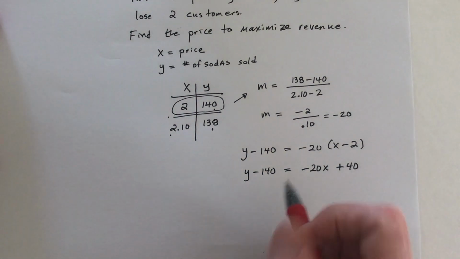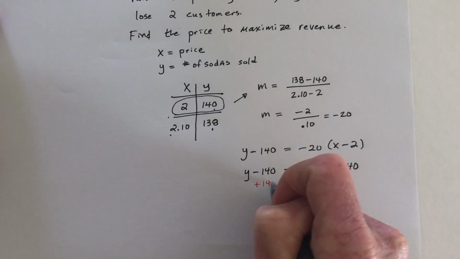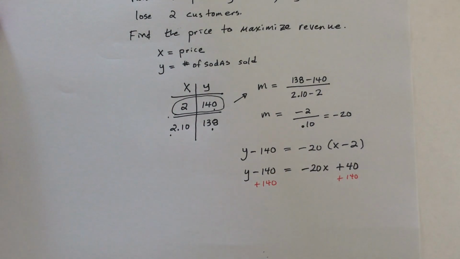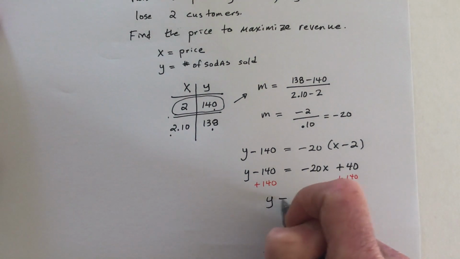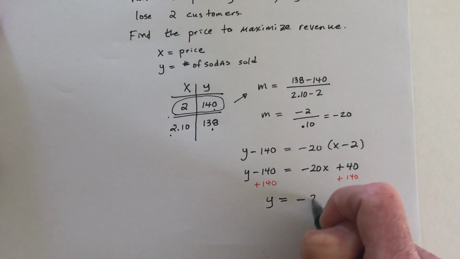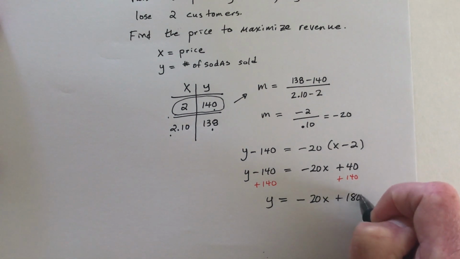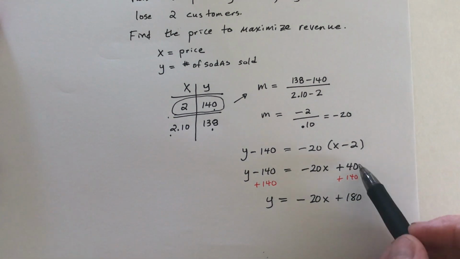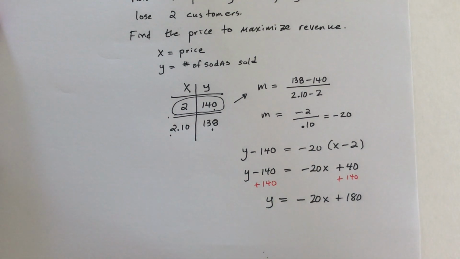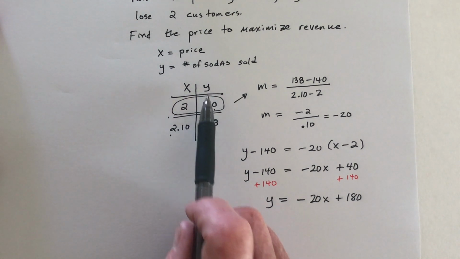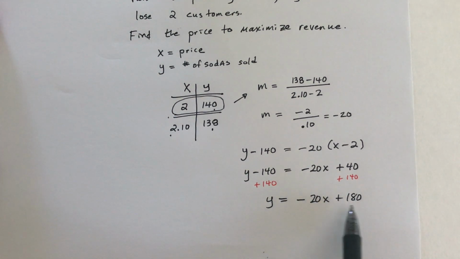And then I should just add 140 to both sides. So that means y equals negative 20x plus 180, right? 140 plus 40 is 180. So this is sometimes in business called the demand function because that's what your customers demand, how many sodas they demand.